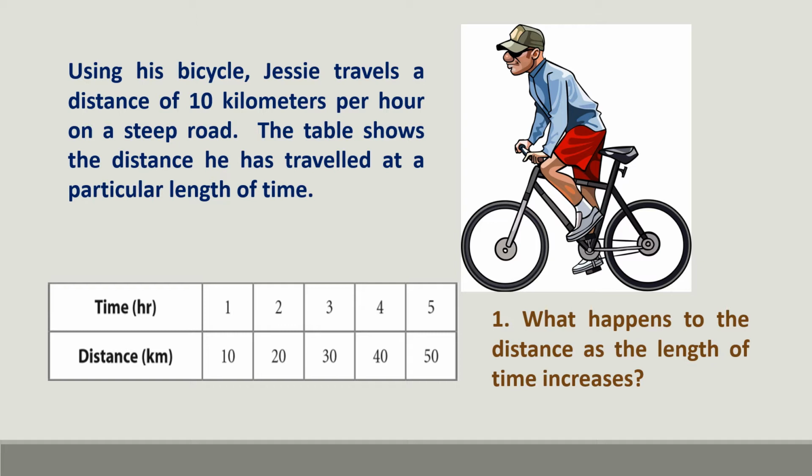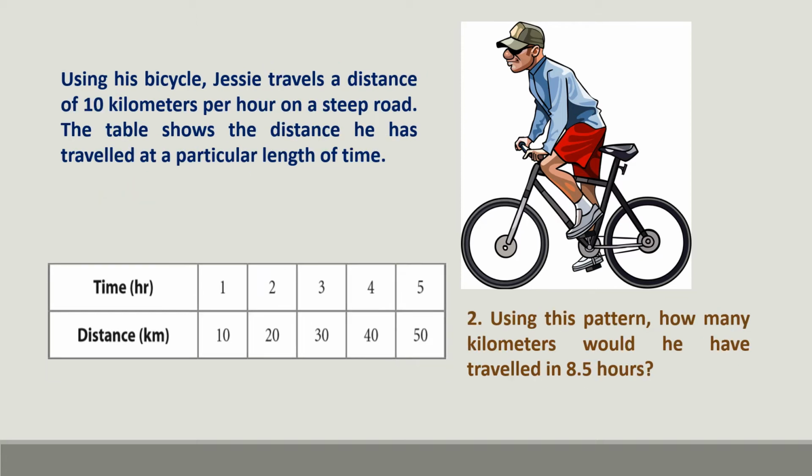Now, I want you to look at the table, all right? And notice that as the time increases, the distance traveled by Jesse also increases. Now, would you agree with me, class, if I'd say that there's actually a pattern in generating the data on this table?